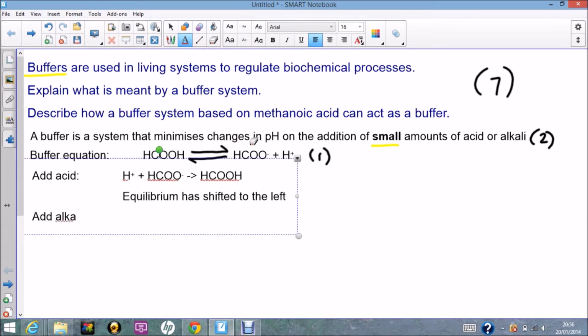Next, if I add alkali, what I'm actually adding is OH minus ions. Again, look to your buffer equation. OH minus ions are going to want to react with H plus, forming water. And then I need to think about the equilibrium again.